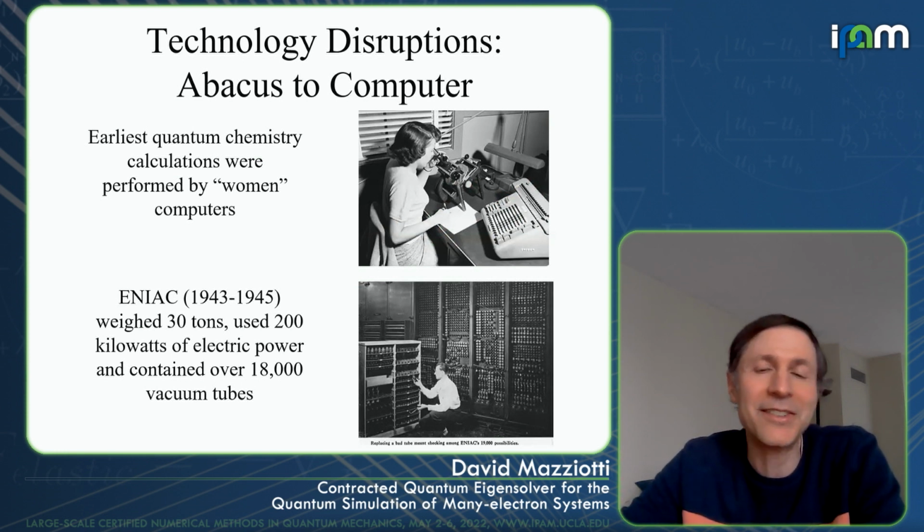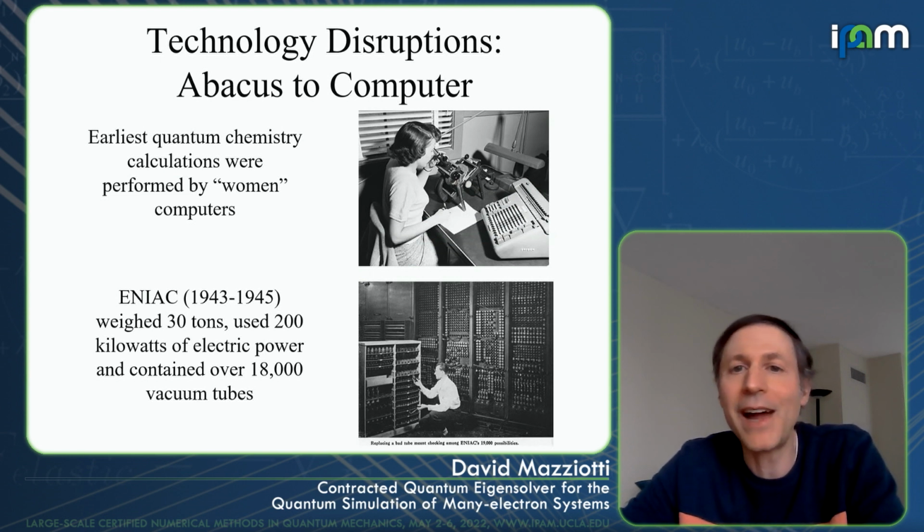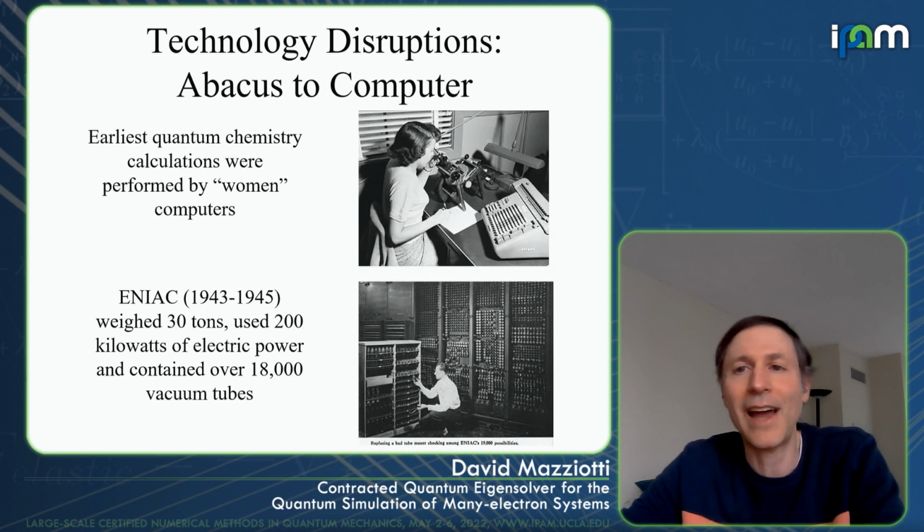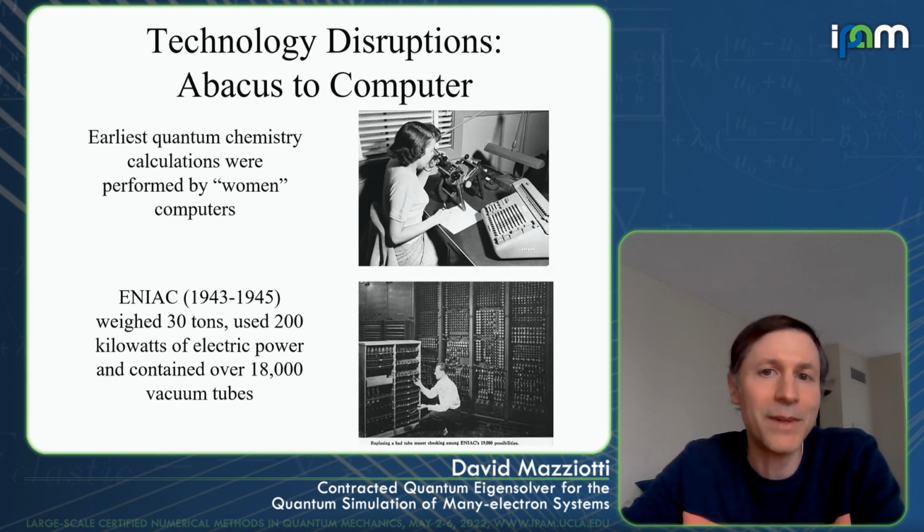Actually, quantum chemistry, interestingly, started with basically humans doing the calculations. In fact, in the early days, when the first calculations were done, for example, on molecular hydrogen by Coolidge and James at Harvard, they hired a team of women to serve as women computers to do all the calculations for the first calculations of H2.